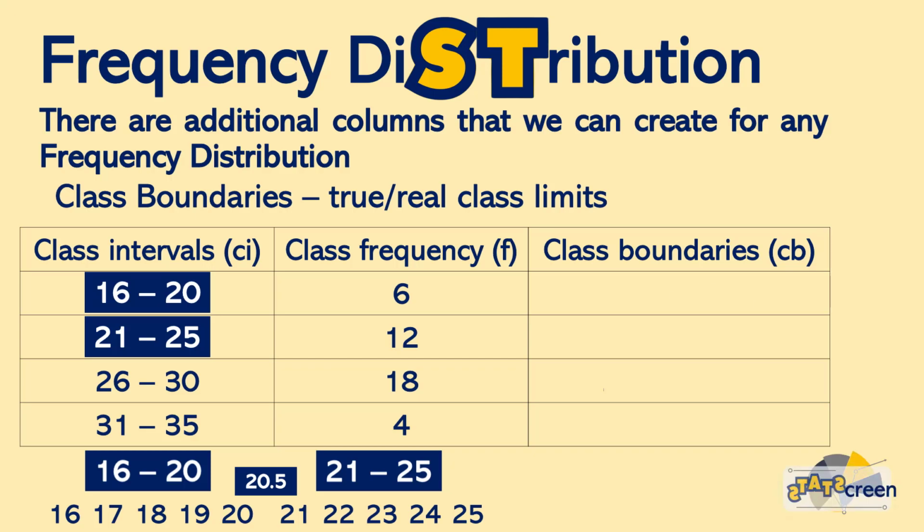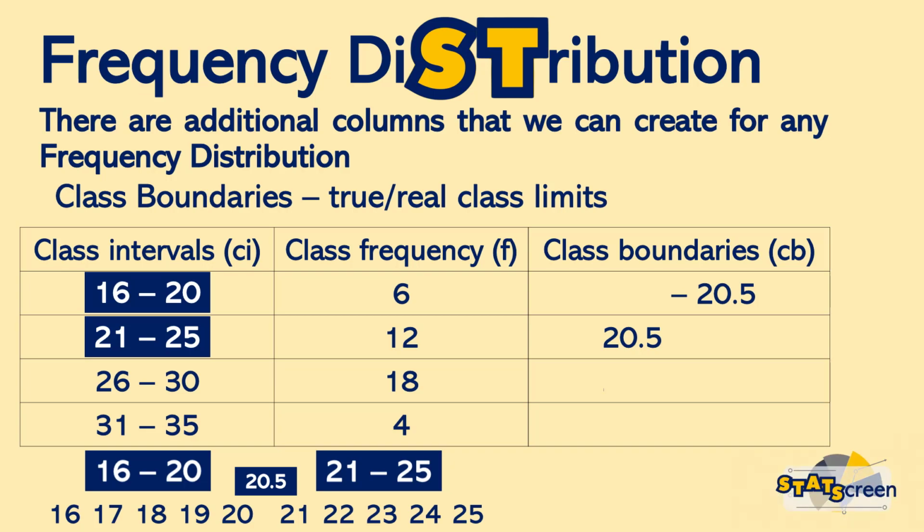This 20.5 would be the upper class boundary of the class interval 16 to 20. And this will also be the lower class boundary for the next interval 21 to 25. With this, all the values, considering the presence of continuous data later, will be catered for in our frequency distribution.